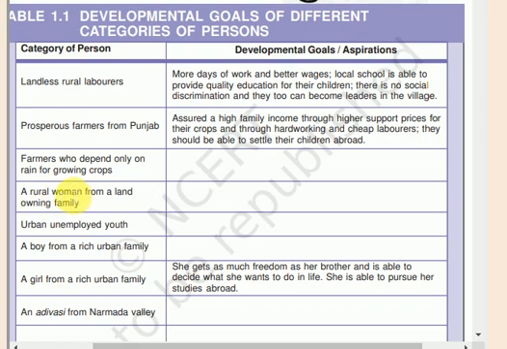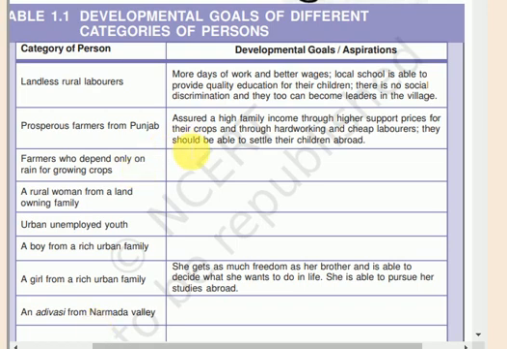A rural woman from a land owning family maybe expects better education in cities. An urban unemployed youth, what would he need? Maybe he needs a job, better wages, better quality of life. A boy from a rich urban family maybe requires a new car, a better house, whatever.